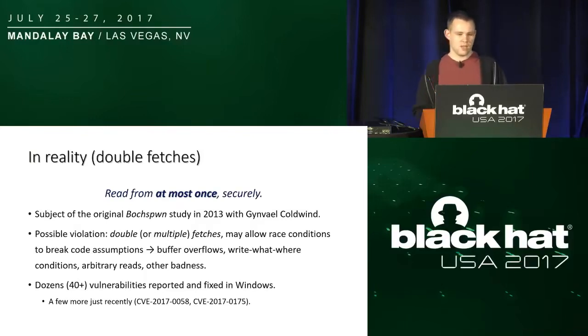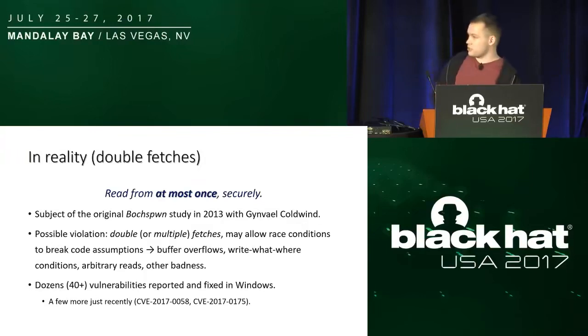So for example, we can break the assumption that every memory unit is read from at most once. It may happen that memory is actually read more than once. This was the subject of the original Bochspwn research that we performed 4 years ago with Gynvael Coldwind. The possible violation is that we have 2 or more fetches from user memory, which may allow some race conditions to break code assumptions, which can lead to buffer overflows, write-what-where conditions, arbitrary reads, all kinds of badness.